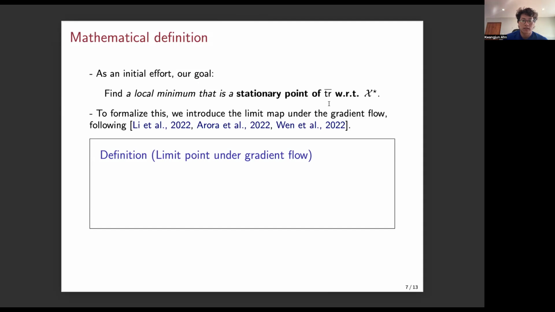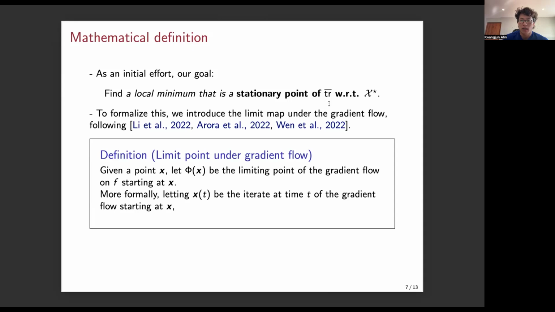So what it is, basically: given a point x, phi(x) is the limiting point of the gradient flow on the training loss starting at x. More formally, if x_t is the iterate of the gradient flow starting at x at time t, namely the solution of this ODE, then phi(x) is defined as the limiting point of this gradient flow.